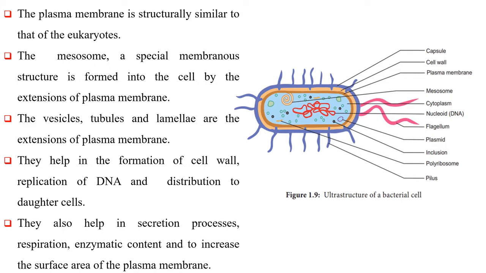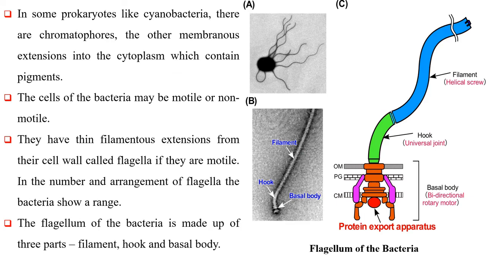They also help in secretion processes, respiration, enzymatic content, and to increase the surface area of the plasma membrane. In some prokaryotes like cyanobacteria, there are chromatophores, the other membranous extensions into the cytoplasm which contain pigments.